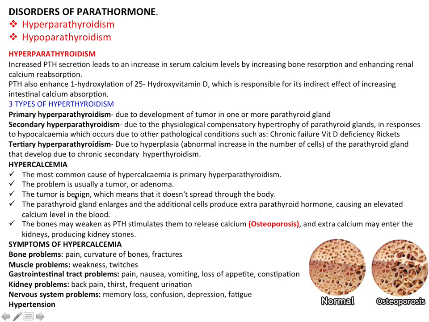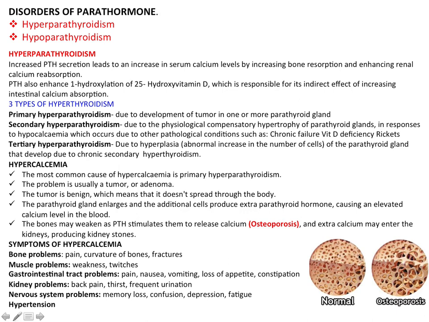The parathyroid gland enlarges and the additional cells produce extra parathyroid hormone causing an elevated calcium level in the blood, and once the PTH increases, it stimulates the release of calcium from the bones, and bone becomes very porous due to the deficiency of calcium.